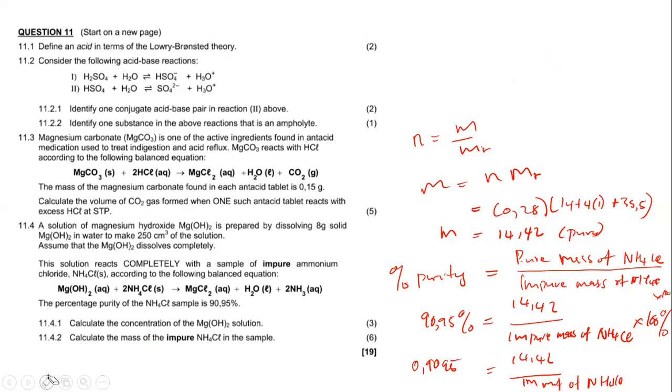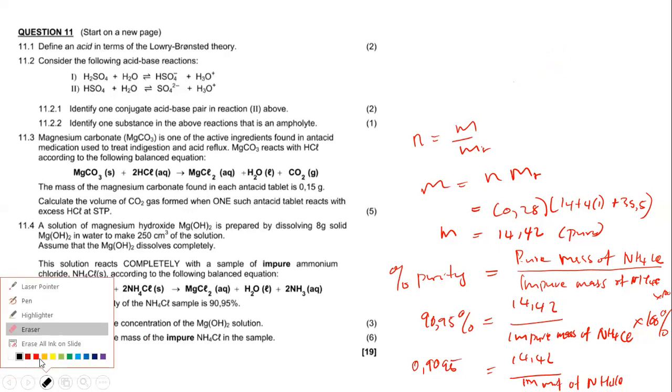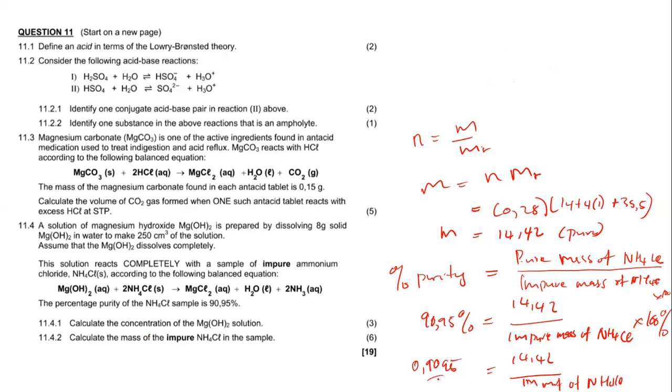So now this is the same over 1. This multiplied by that is going to be 14.42, that's what we got. And here we have 0.9095 times the impure mass of NH4Cl. Now I don't have space, so you write the correct thing.